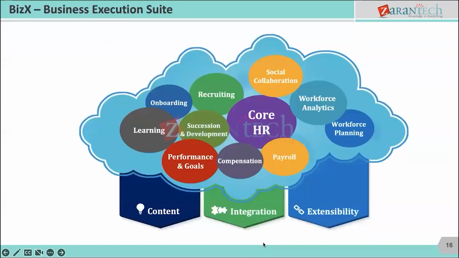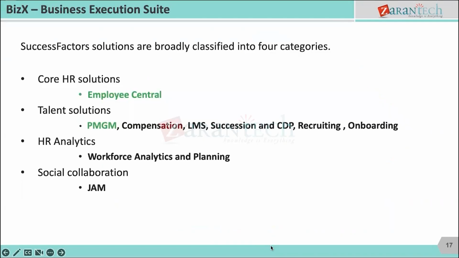So all this core HR being the employee central, followed by the recruitment, succession, performance, various modules it has in the portfolio, and they're all classified into these 4 categories: core HR solutions, talent solutions, analytics, and all. They were divided into those that are highlighted in green. Employee central and performance are the main modules that are part of our curriculum actually.